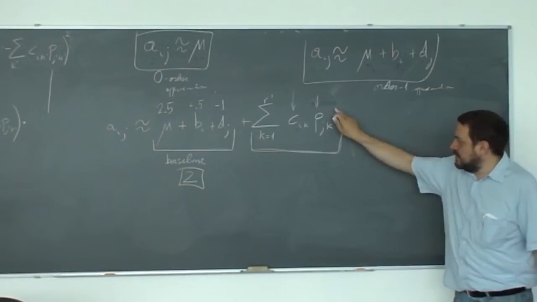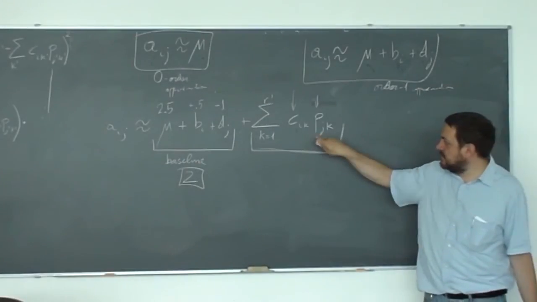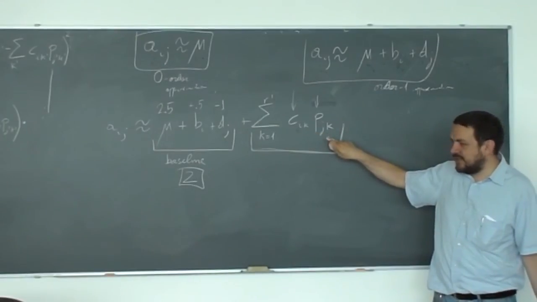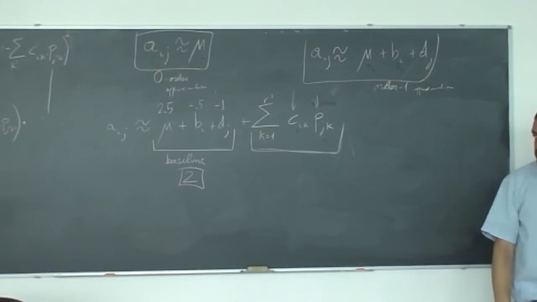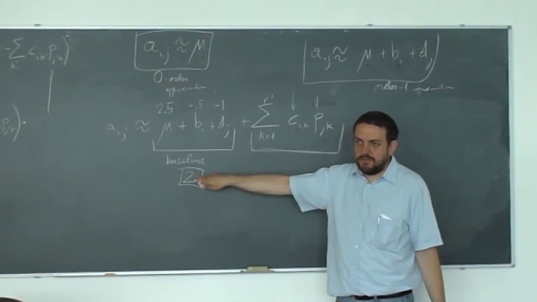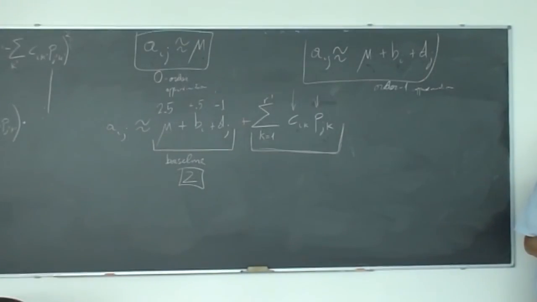Next, we use this dot product between user i's vector and item j's vector to modify this vote, to add a small correction to this vote.